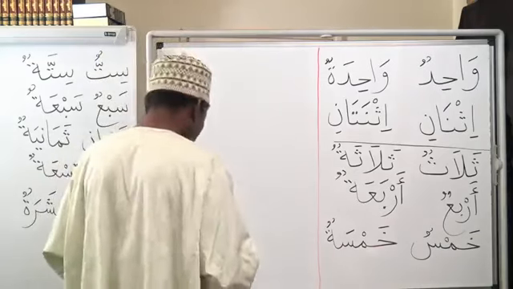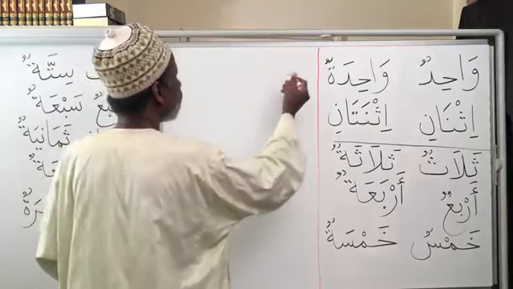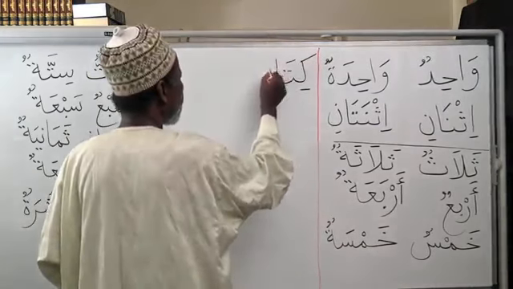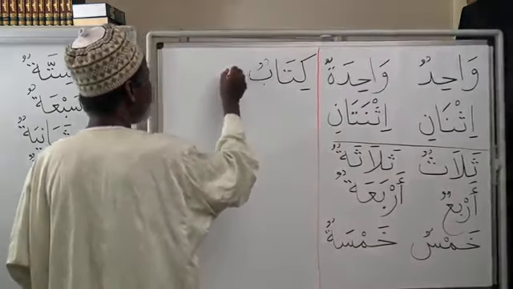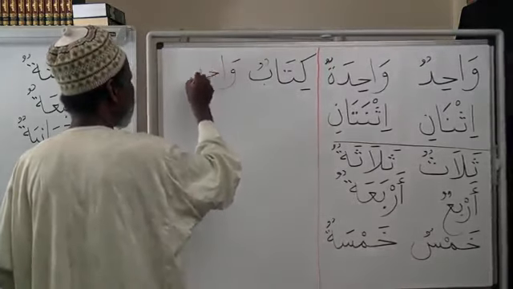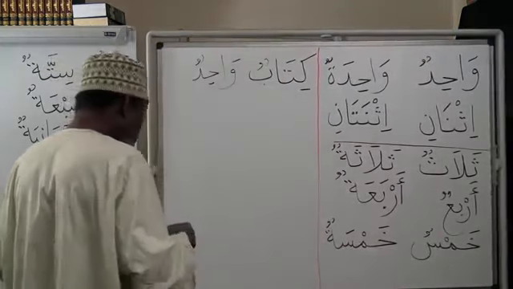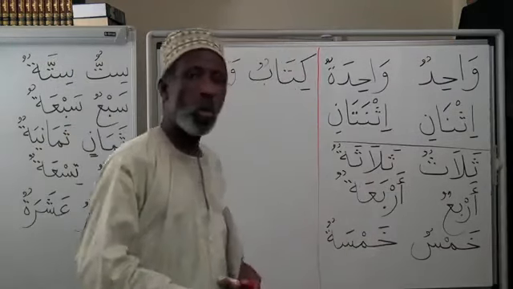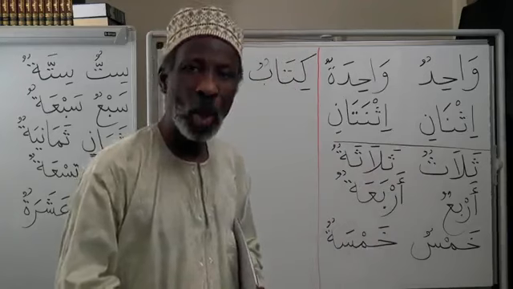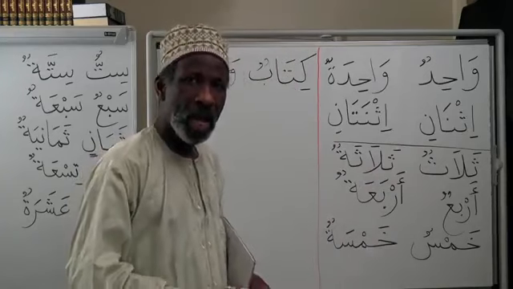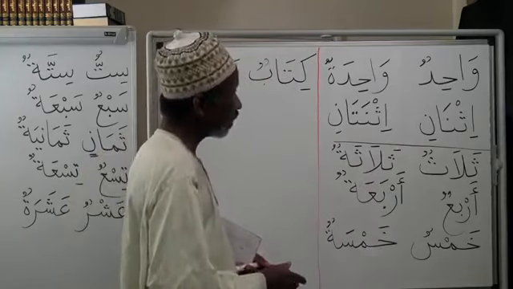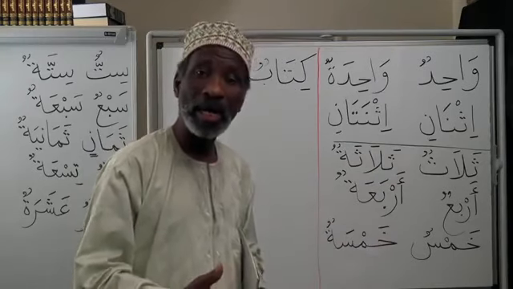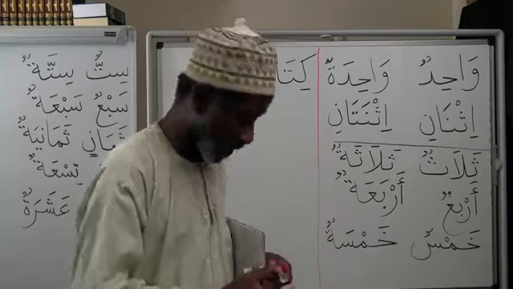So kitabun, let's write, you say kitabun. Kitabun, and then you say wahidun. Because kitabun is masculine, you have to use masculine wahidun. Kitabun wahidun. If you mention something which is feminine, such as maybe darajatun, a bike.